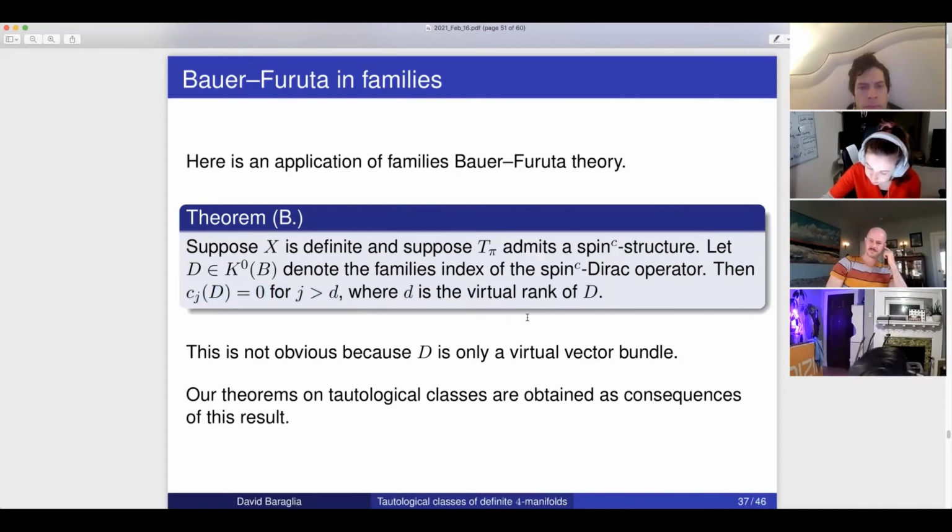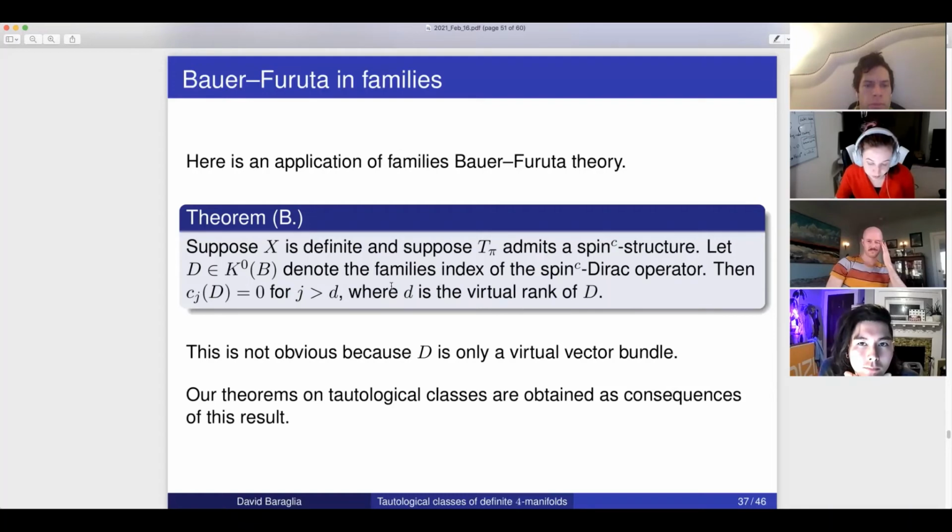And so this result, I don't really have time to give the proof. Basically, this result is one manifestation of the family's Seiberg-Witten proof of Donaldson's theorem, in a sense. So you look at the Seiberg-Witten proof of Donaldson's theorem, and then you do it for a family of definite four-manifolds, and you look at what you get, and this result is what you get.